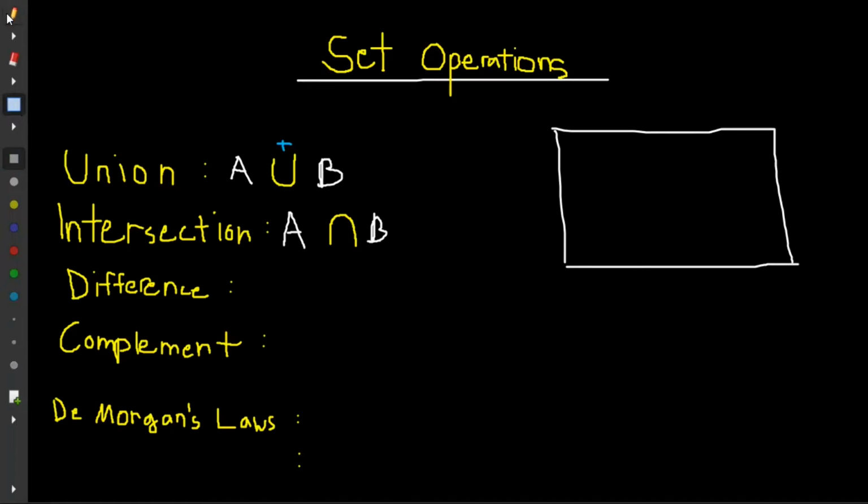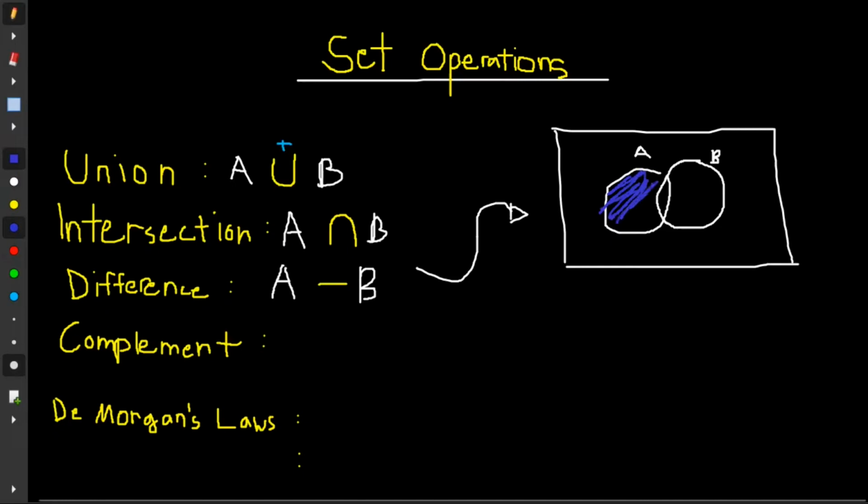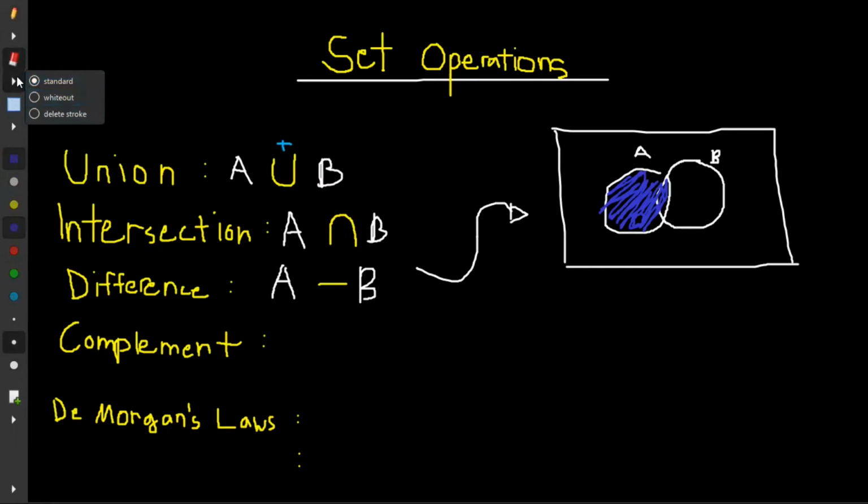Next is set difference. We denote this by the minus sign, and similar to the first two, we put the sets beside it, so A minus B. As a representation, again, we have set A and set B. What we do here is take the elements in A, so this part represents the elements in A. And next we remove the elements that are present in B, so that will be this part out here.